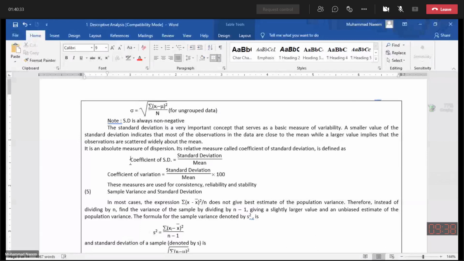For example, in construction, in manufacturing, let's say we set a criteria. We need uniformity in our construction or in our manufacturing process.